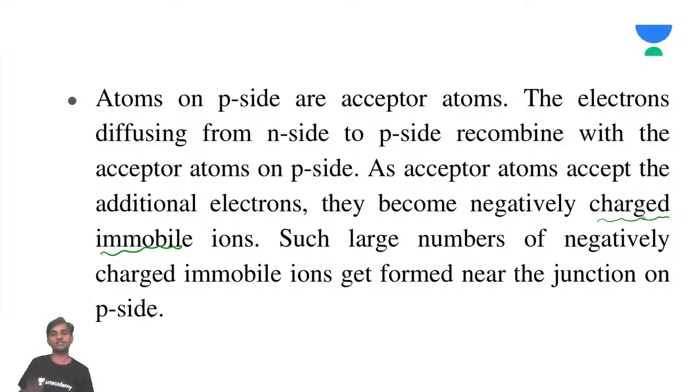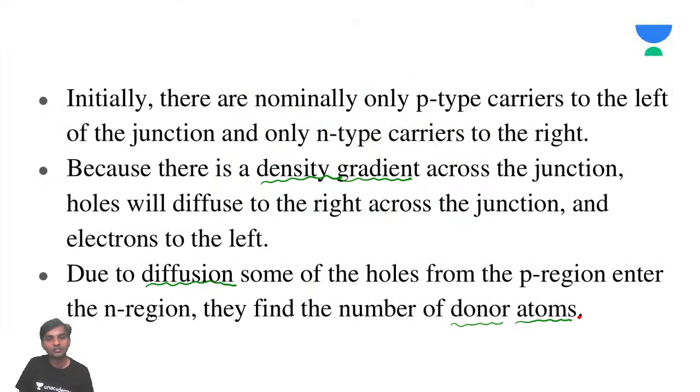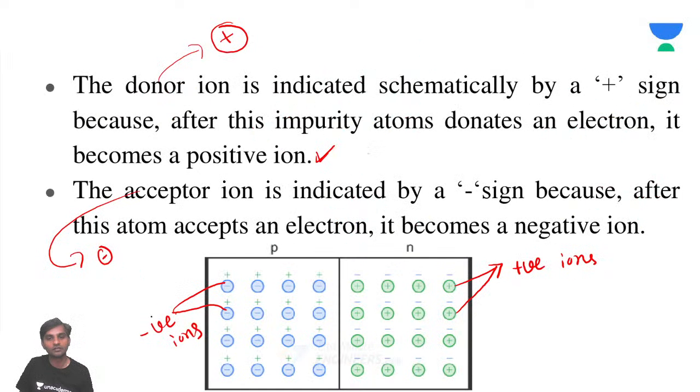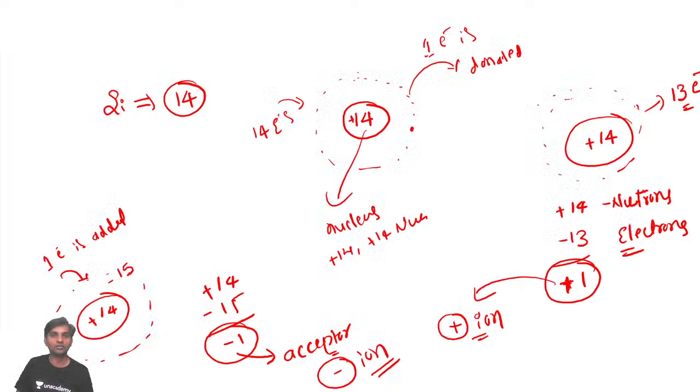So when this electron moves here, this becomes an immobile ion, and this negative ion also becomes immobile.